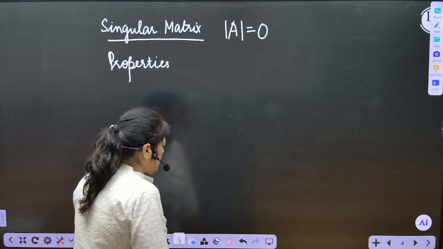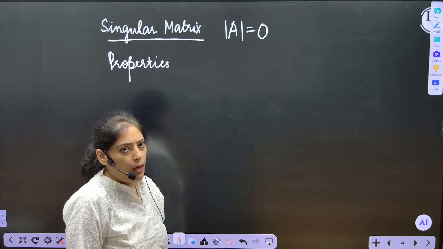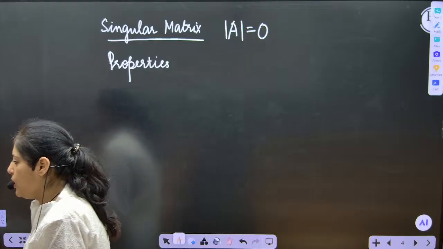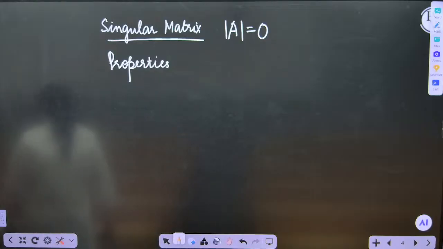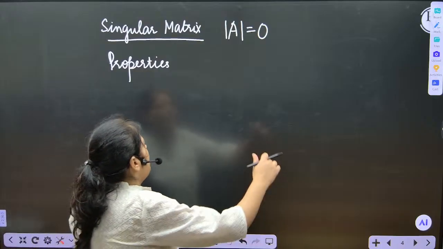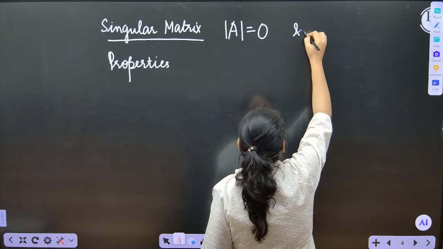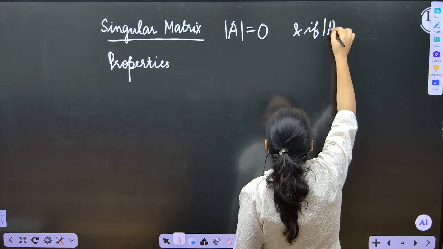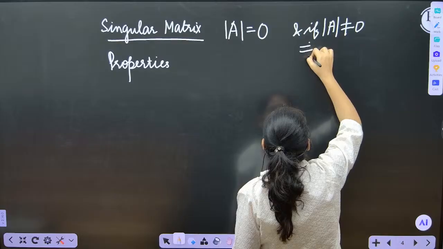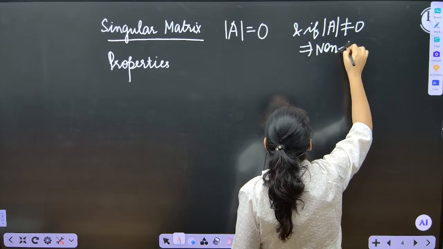Any matrix, if its determinant, fully solved, is coming out to be 0, then we will say that matrix is a singular matrix. And if the determinant of A is non-zero, we will say it is a non-singular matrix. Simple.